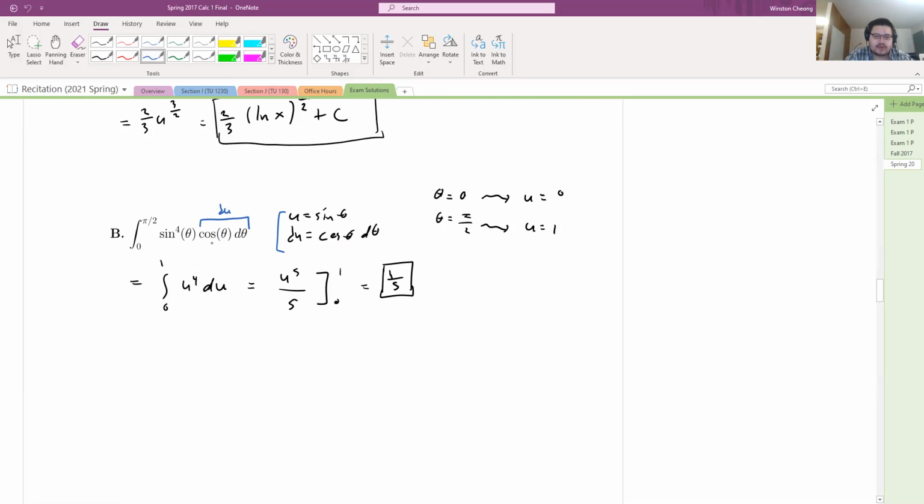So that's why the cosine disappears. It's because it gets absorbed into what we call du. And this guy, sine raised to the fourth, well, sine is u, so this turns into u to the fourth. It's just a part of the u sub. Okay, that actually makes a lot more sense. Now I understand what you're saying.